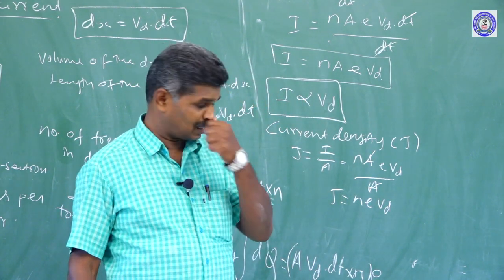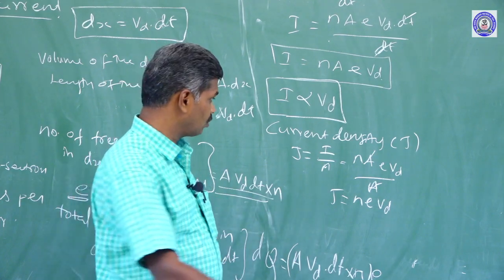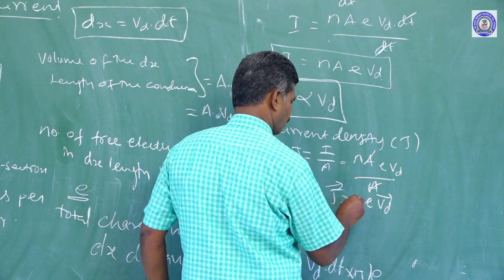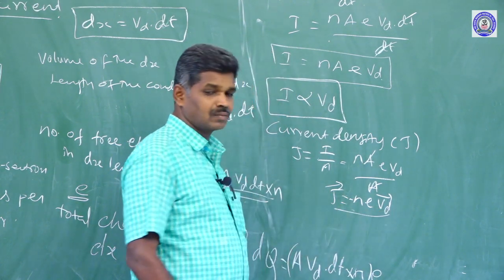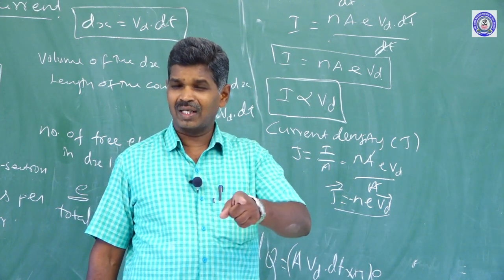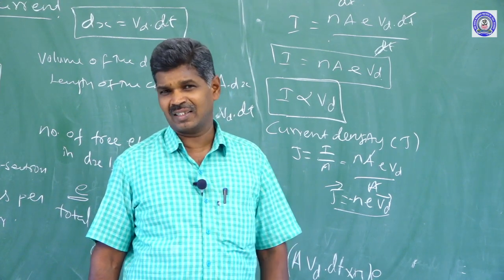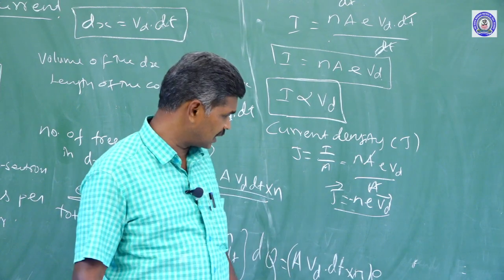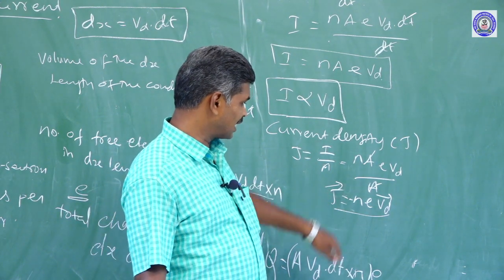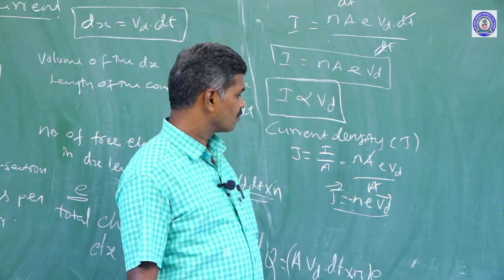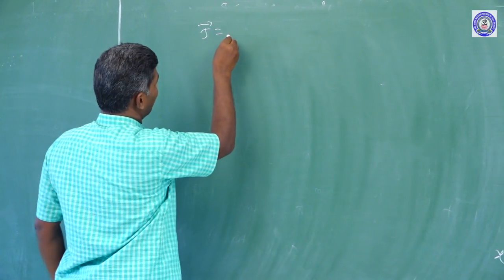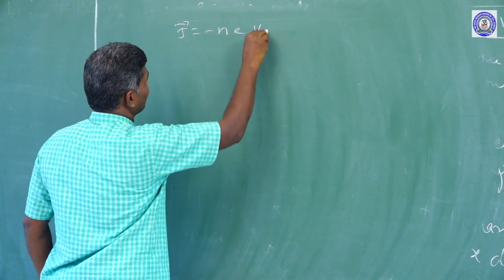Current is a scalar quantity, but current density is a vector quantity. If you represent the vector direction, we must put a negative sign, because current density acts in the electric field direction, but drift velocity acts in the opposite direction. So J vector is equal to minus n e Vd vector.